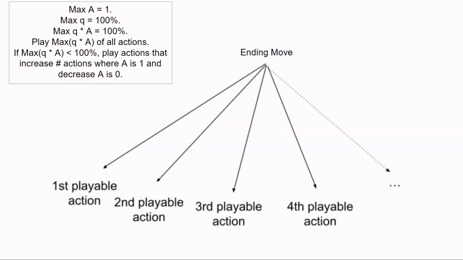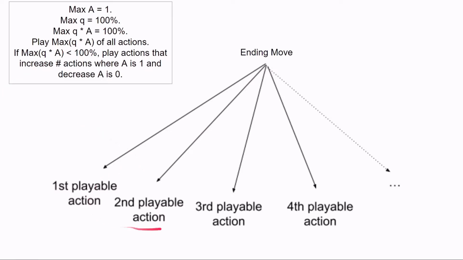You want to play the maximum of Q times A, where Q is the chance of winning, and A is the win or loss. We don't know what will happen at the beginning of the game, so Q is undefined. We know, however, that A is 1 or 0, a win or a loss, and we are awarded per the rules of the game.